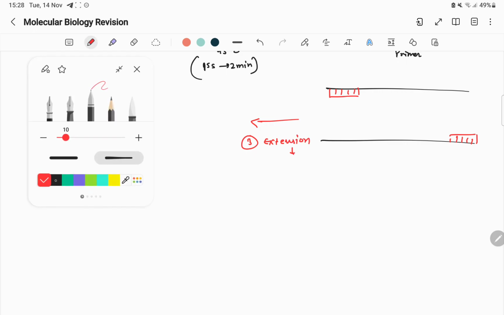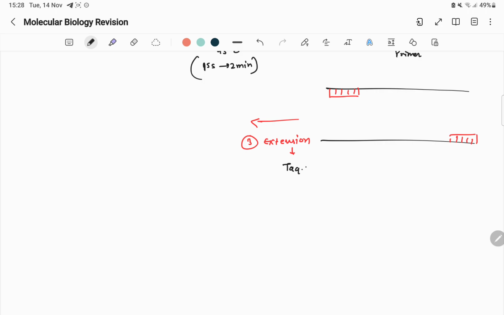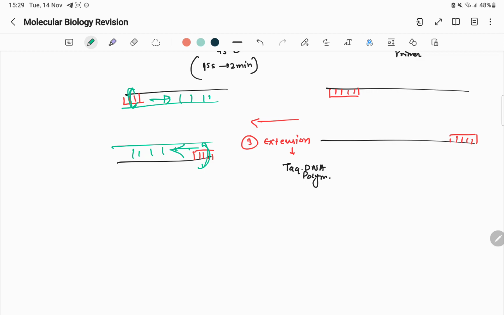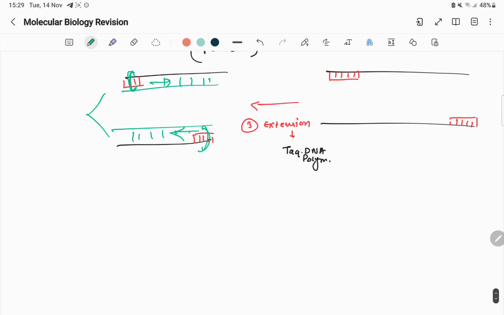Extension is mediated by Taq DNA polymerase. So Taq DNA polymerase attaches here, and here, in both directions, and catalyzes the formation of more and more strands, the production of 2 DNA molecules.